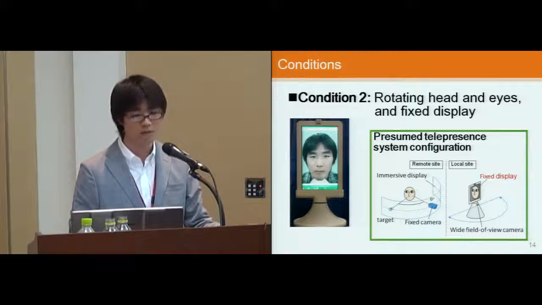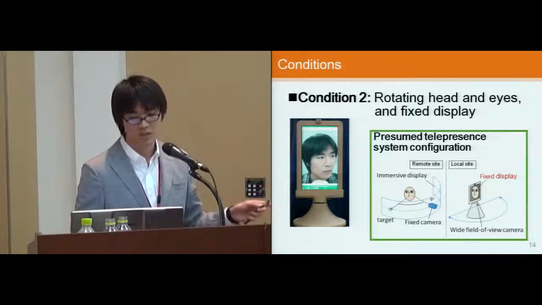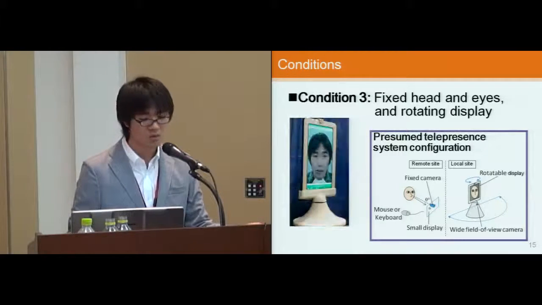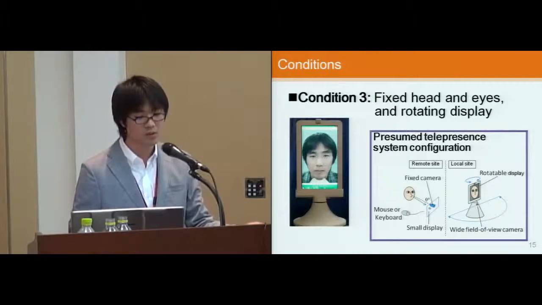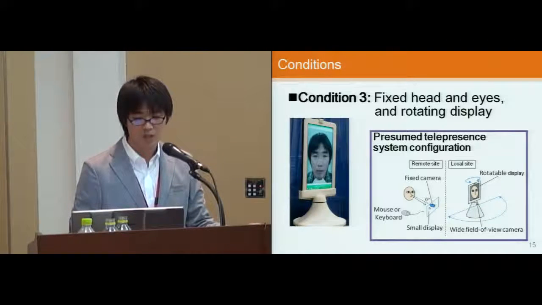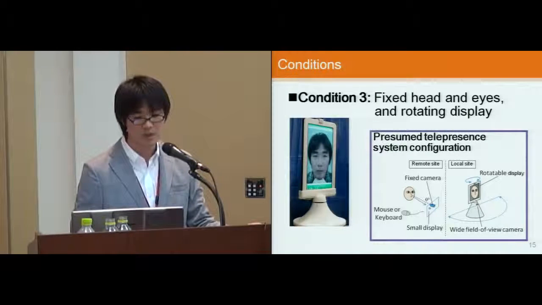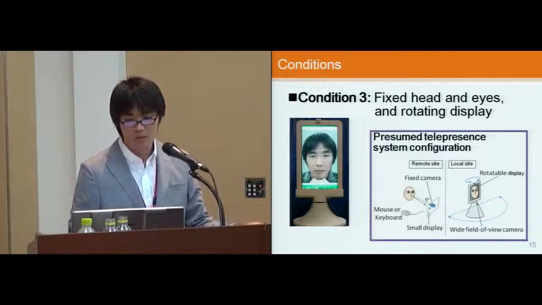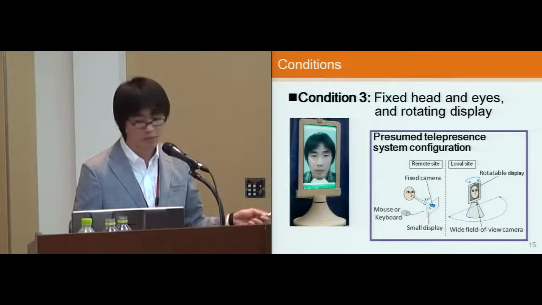This condition presumes this kind of configuration at a remote site. In condition 3, the head and eyes of the face image were fixed on the front, but only the display was rotated. This condition assumes that the remote participant looks at a relatively small display and uses a mouse or a keyboard to control the orientation of the display.